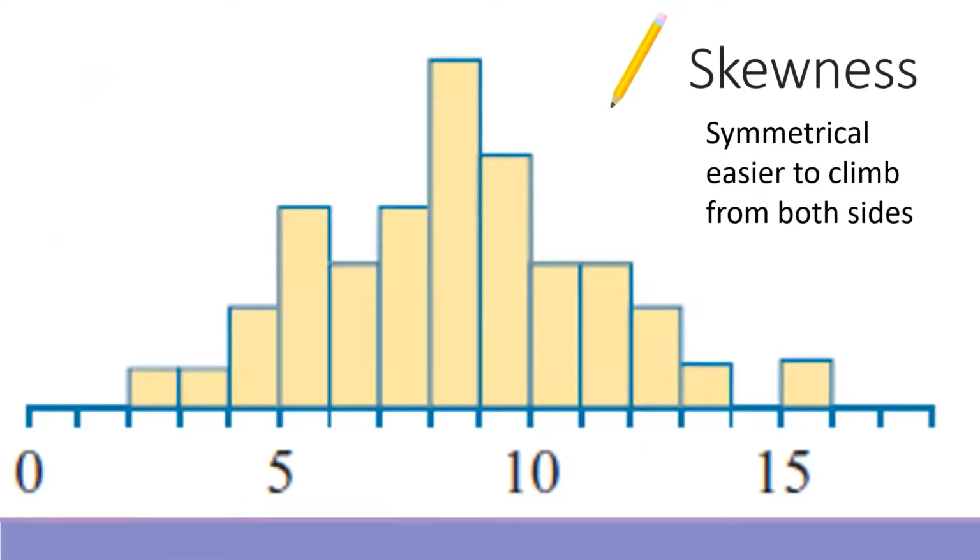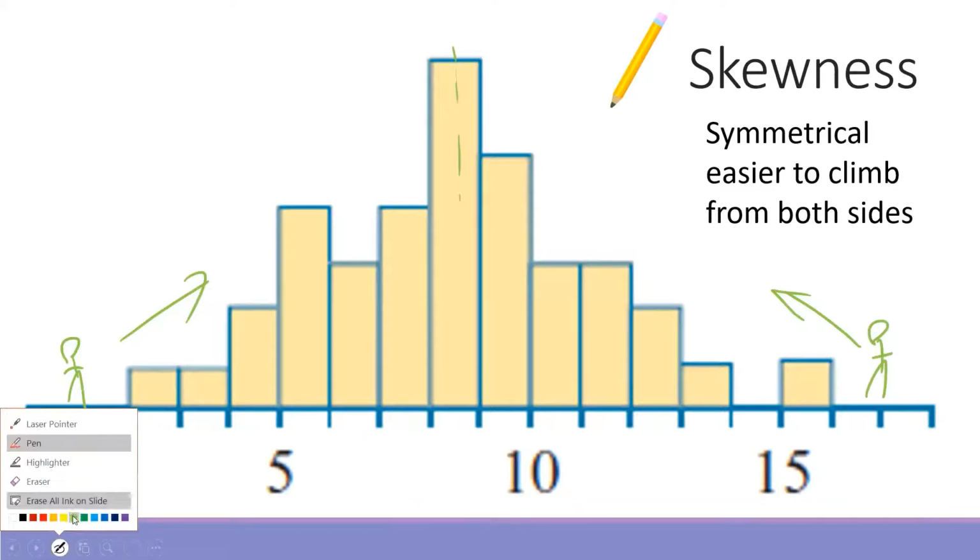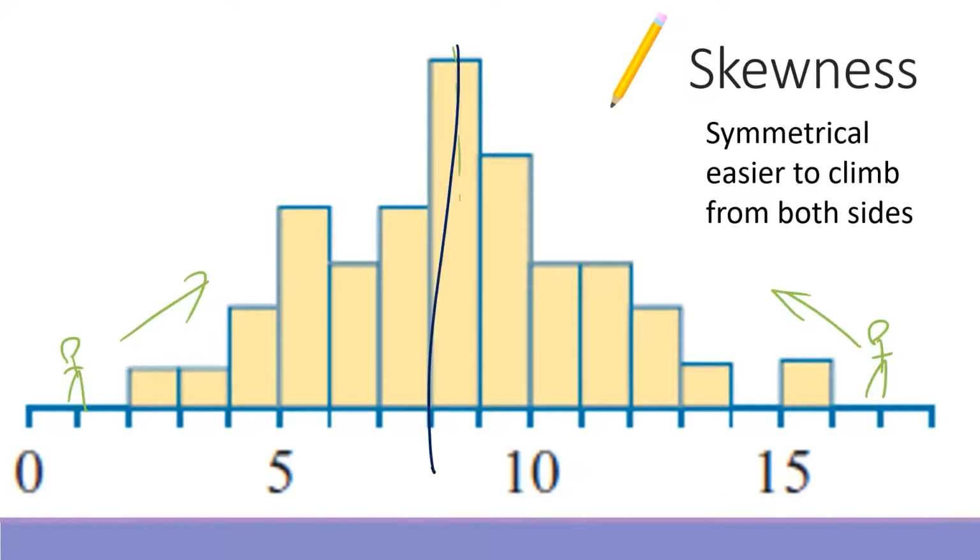You can imagine that if you were a person on this side of the graph, you would find it just as easy to climb up this way as this way. Symmetrical means that essentially you have a line down the middle here. Let me draw a straight line, a little bit straighter line. And you're saying this side on the left is very similar to the side on the right.